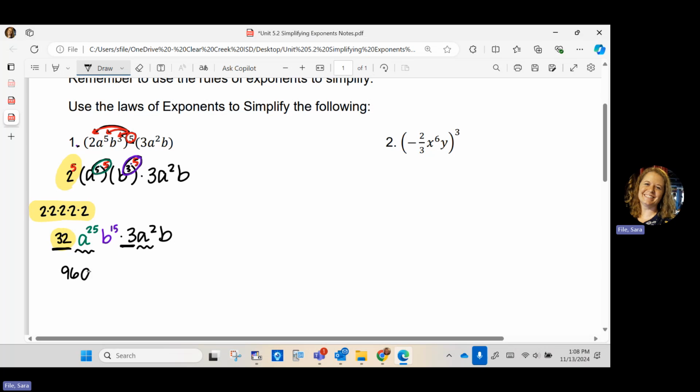So we're going to do a to the 25 plus 2. And then the b's. This b has no power, so it's an understood 1. There is no exponent, it's an understood 1. But that's going to be 15 plus 1 for the exponent on the b's. So that comes out to 96, a to the 27th, b to the 16th.